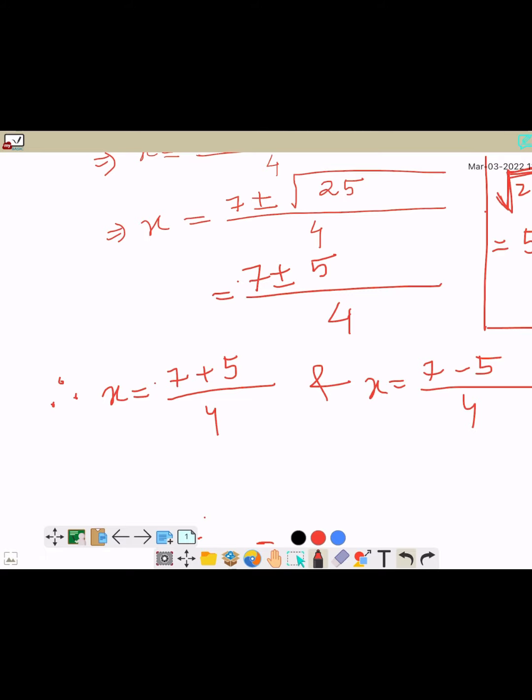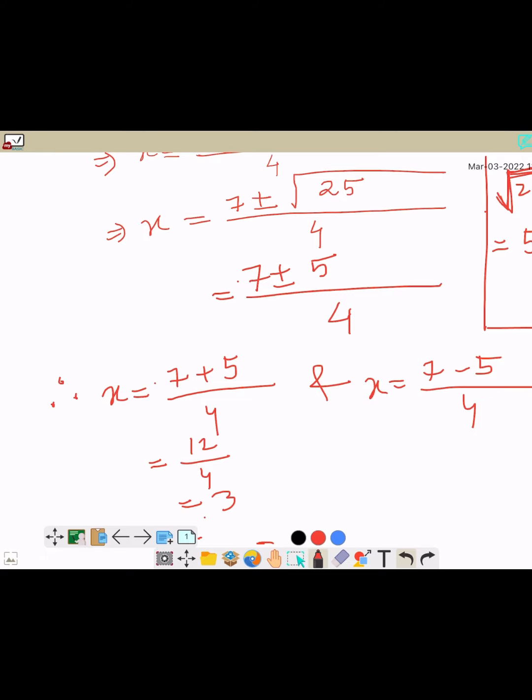But in between 7 and 5, once it will be plus and once minus. So 7 plus 5 is equal to 12 by 4. 12 by 4 we can write 3, because 4 times 3 is 12.